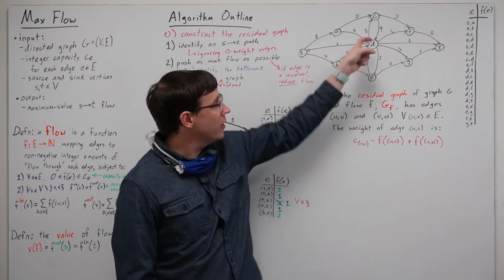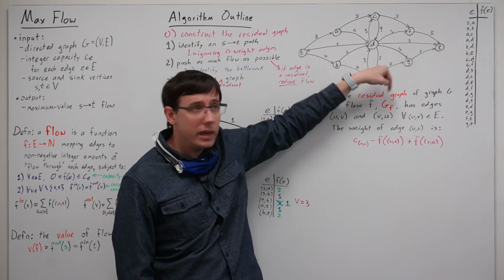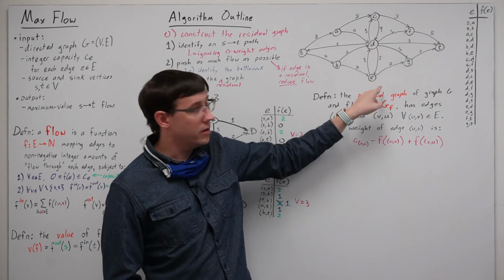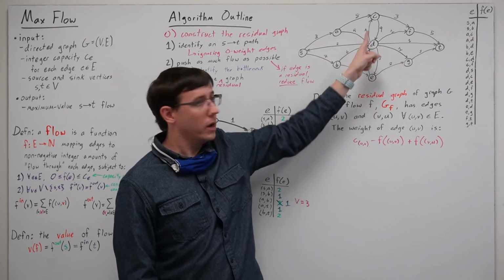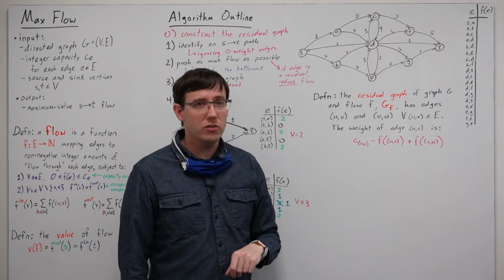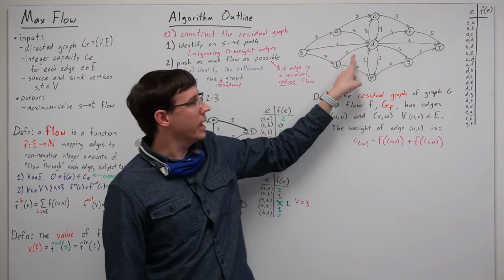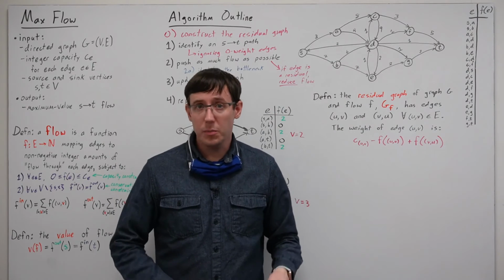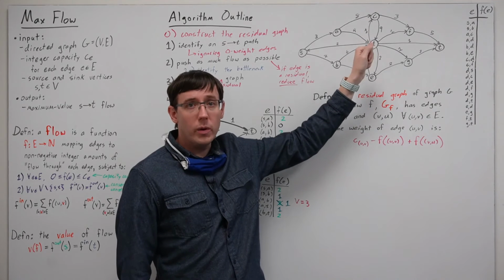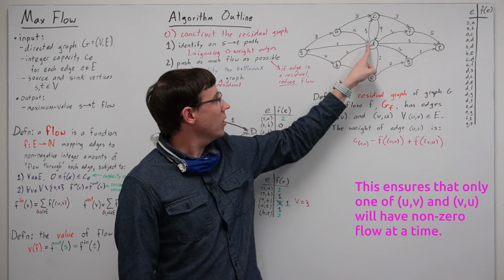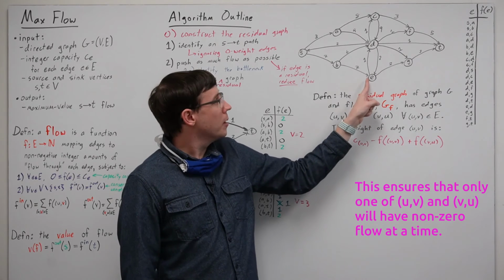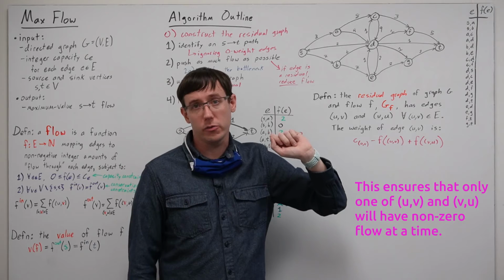For example, a flow of 1 from D to E would subtract 1 from the weight of DE and add 1 to the weight of ED, so we would have residual weights of 1 and 2. In that example, if we later route flow from E to D, we will first lower the usage of the DE edge before we start pushing flow in the other direction.